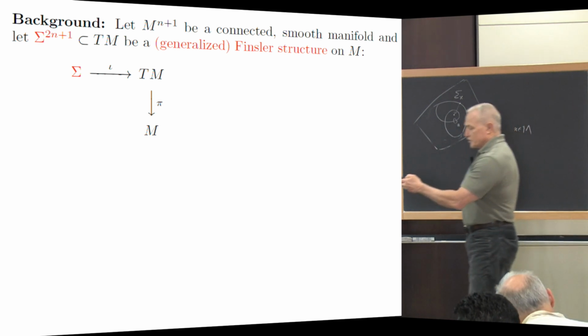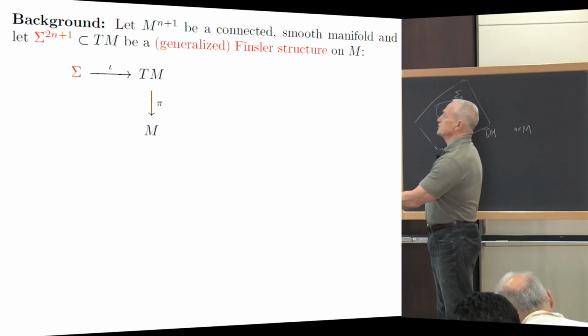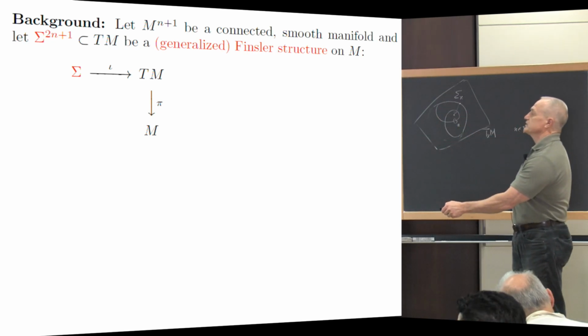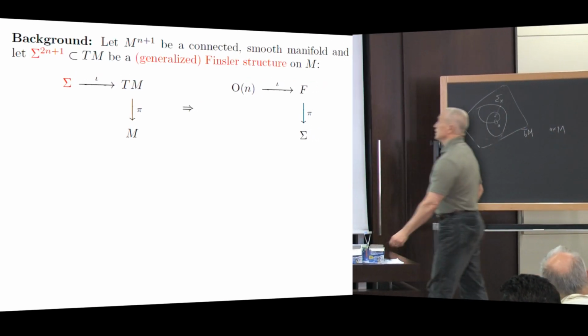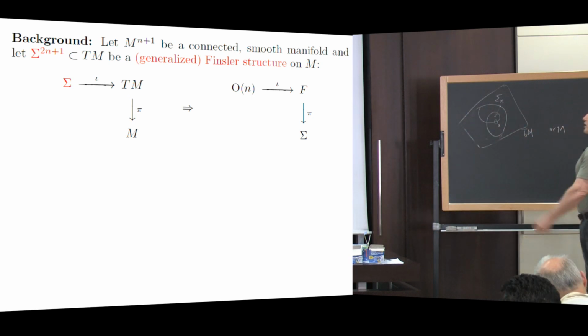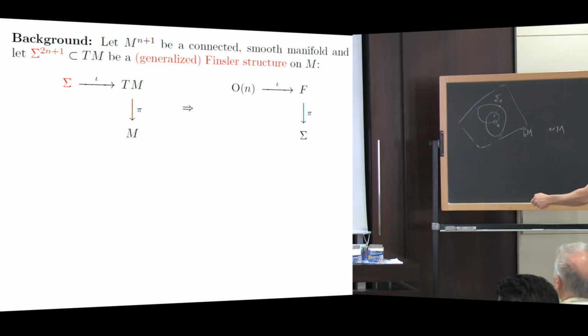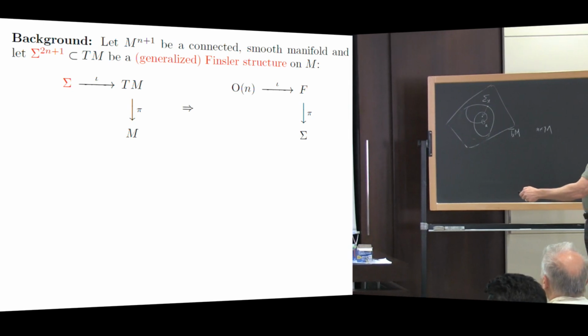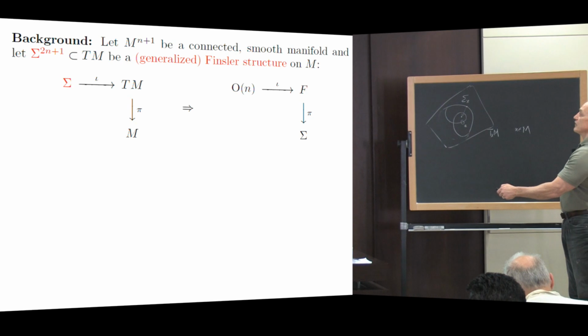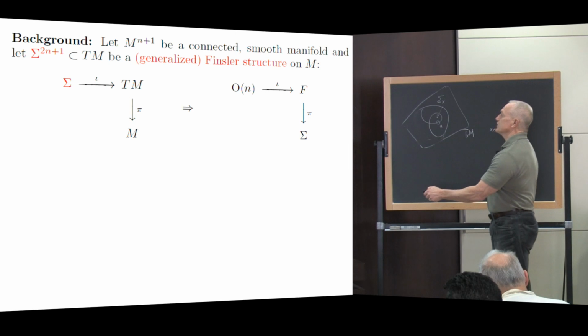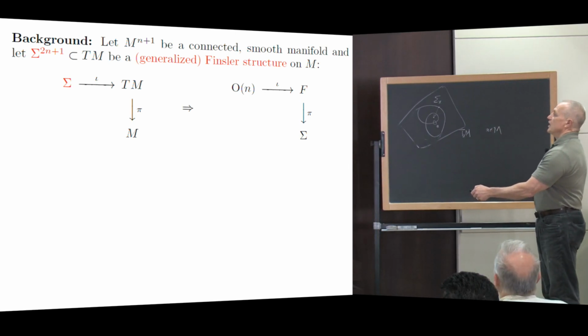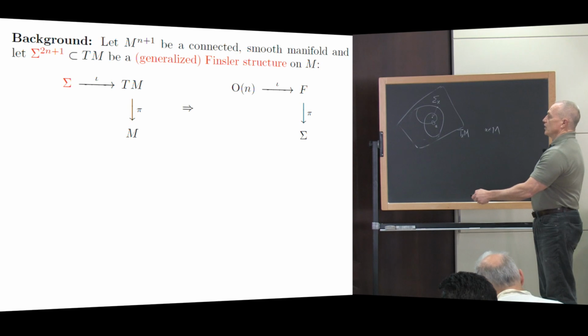So the question is, what kind of geometry can you attach to such a hypersurface in the tangent space? And the theorem, which was basically due to Cartan, although in this form it's in Chern, is that there's a canonical O(n) bundle over sigma with a canonical parallelization of this bundle, such that all of the information about sigma, the way it sits inside TM, can be read off from the O(n) structure on sigma.